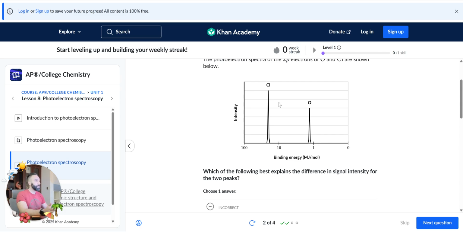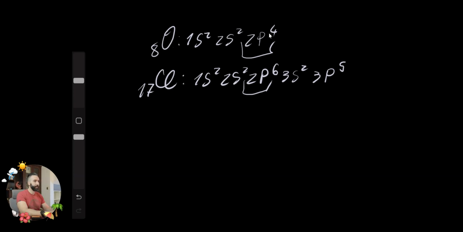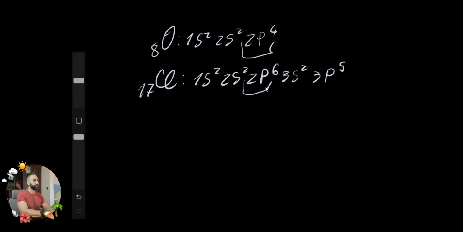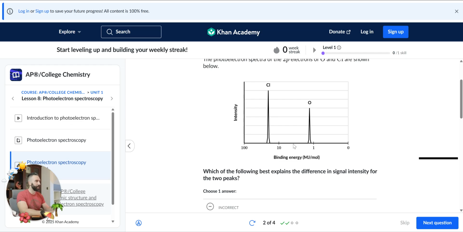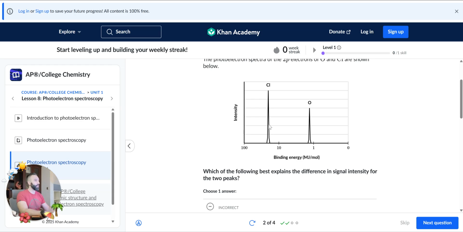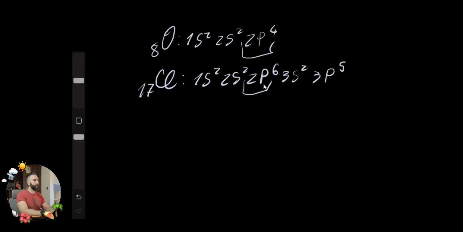So this one should be 50% higher. Here 1, 2, 3, 4 electrons, and here 1, 2, 3, 4, 5, 6 electrons, because we're not looking at 3p, we're looking at 2p.